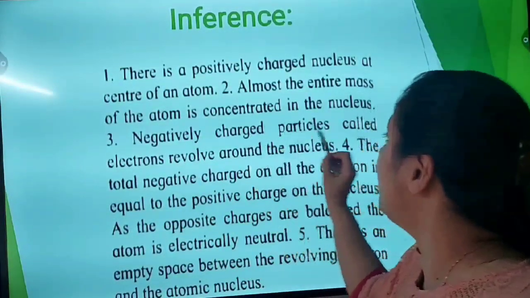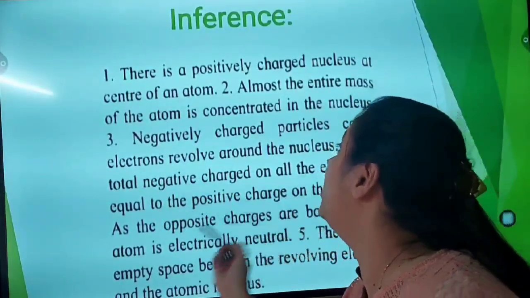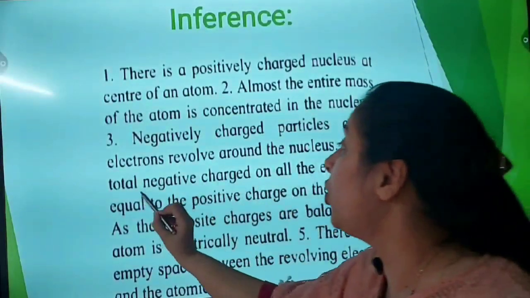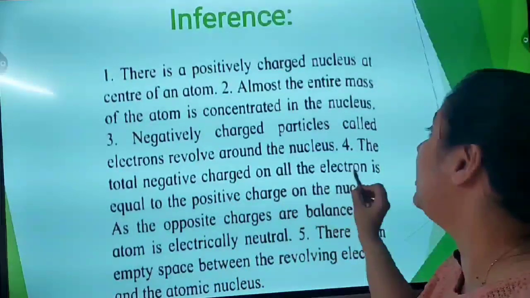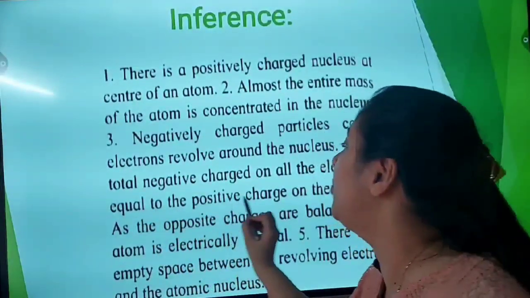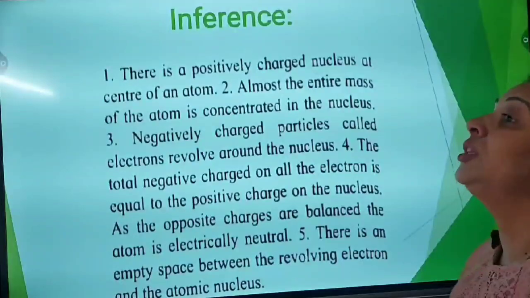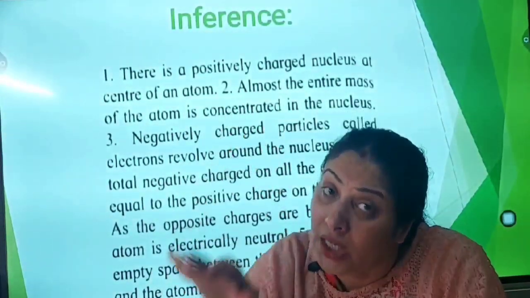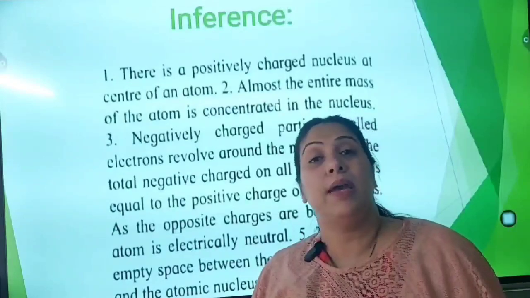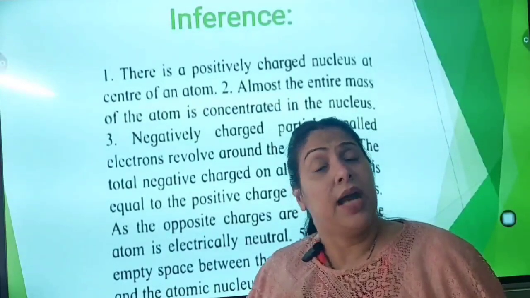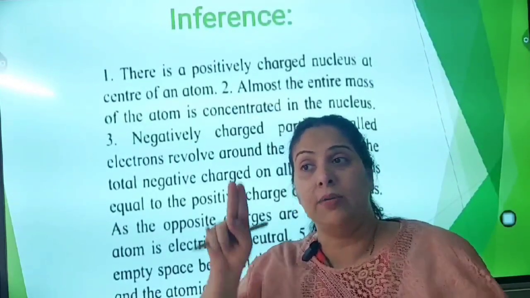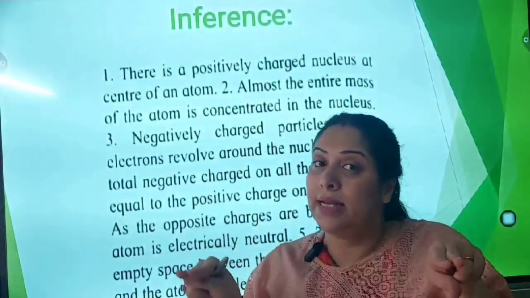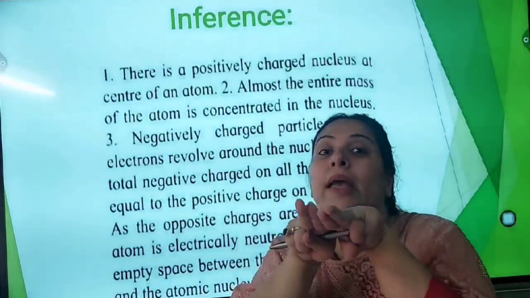Negatively charged particles called electrons revolve around the nucleus. The total negative charge on all the electrons is equal to the positive charge. So जितने positively charged particles हैं एक atom में, उतने ही negatively charged particles हैं उस atom में. So atom consists of positive, that is proton, negative, that is electron, and दोनों equal हैं.